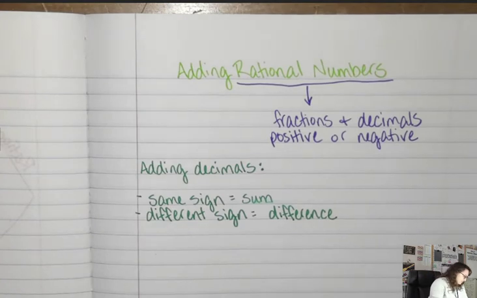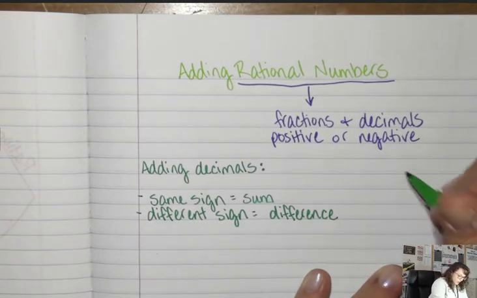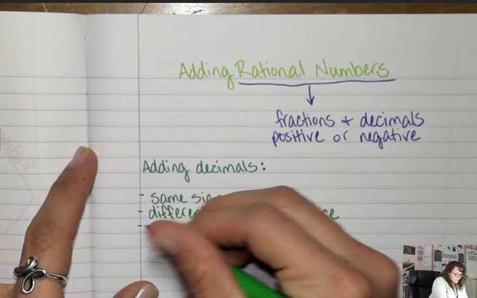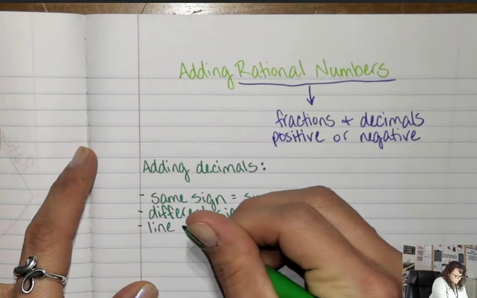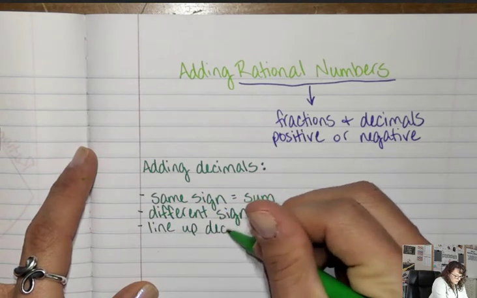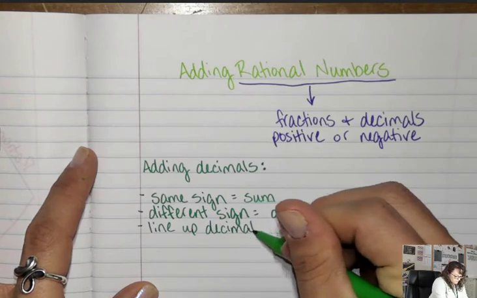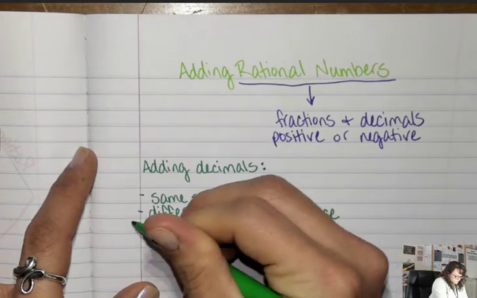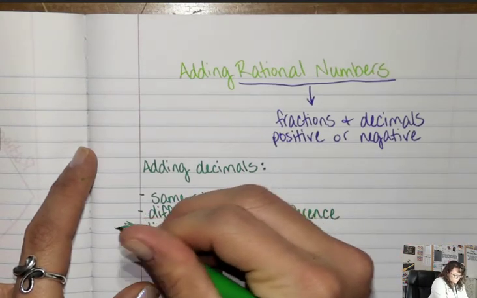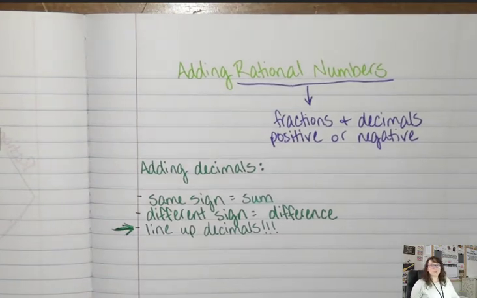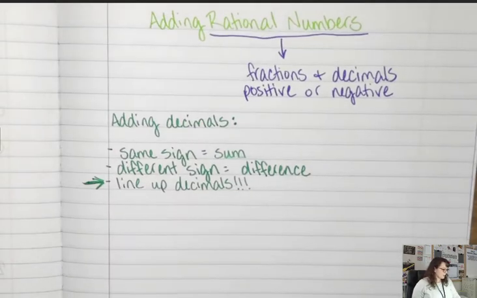For example, if you have, and you have to line up the decimals. That's the biggest thing. Line up the decimals. That's very important.